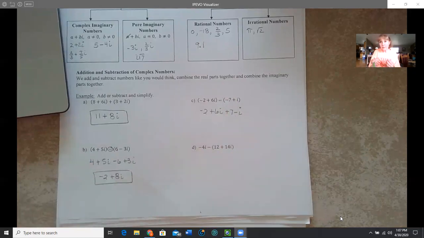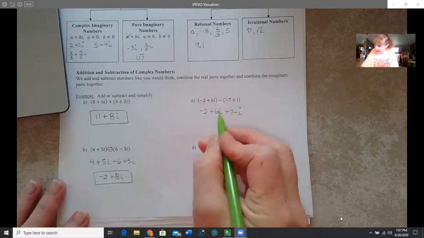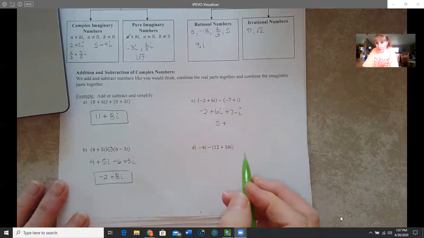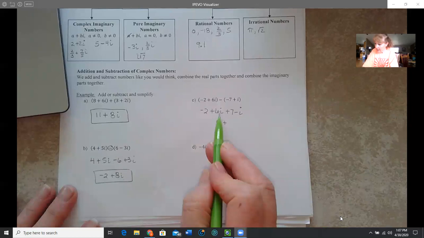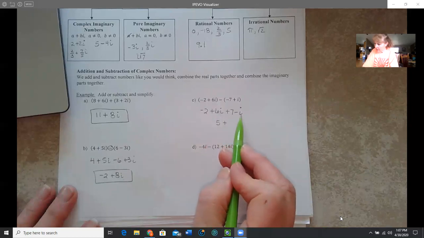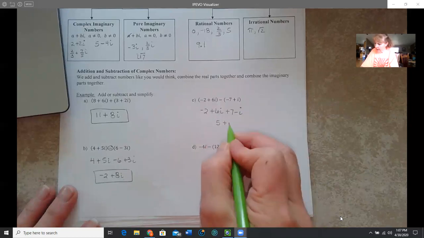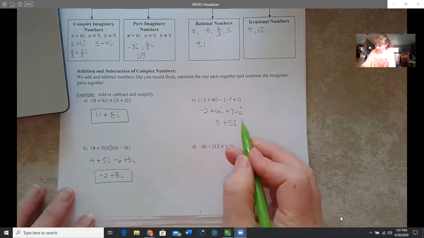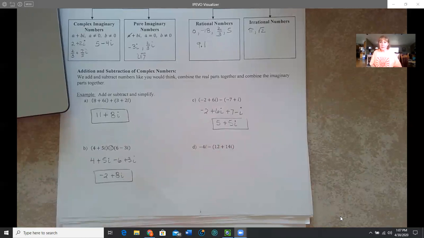So now when we combine our real parts, 7 and a -2, we get 5. And then we combine our imaginary parts: 6i and a -1i is 5i, positive 5i. So we have 5 plus 5i as our complex number.